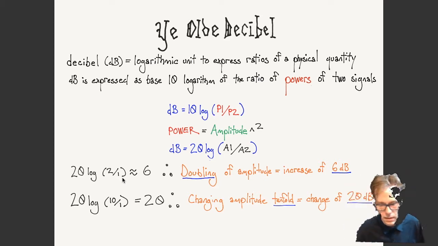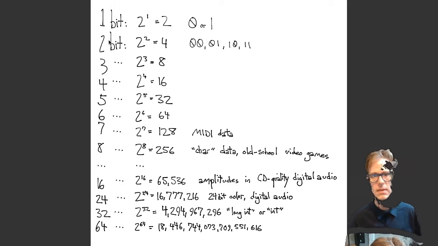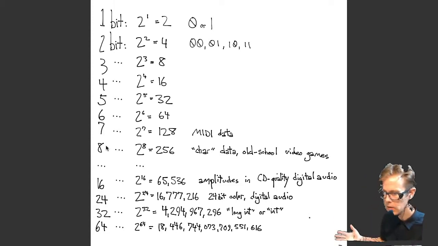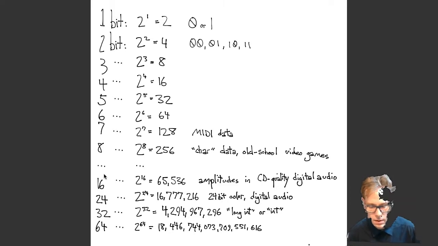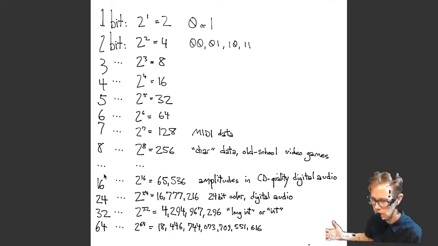Let's go back here and look at how we can represent samples using bits. Every time we add a bit, we are doubling the range of possible amplitudes. So, in other words, we're adding 6 decibels of dynamic range to that system.